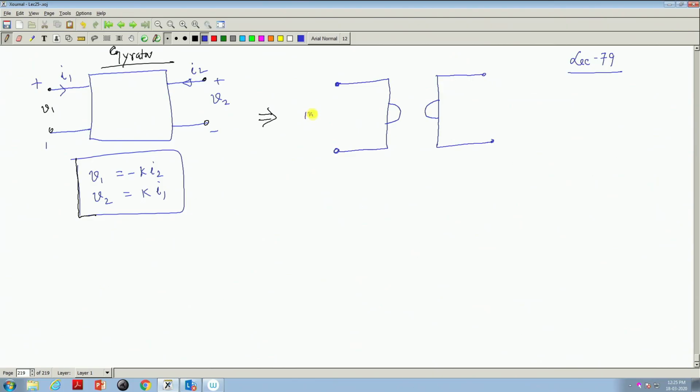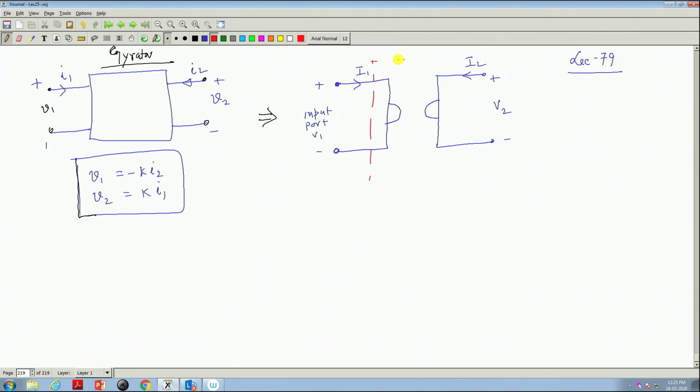This is the input port, this is V1, this is I1, this is V2 and this is I2.